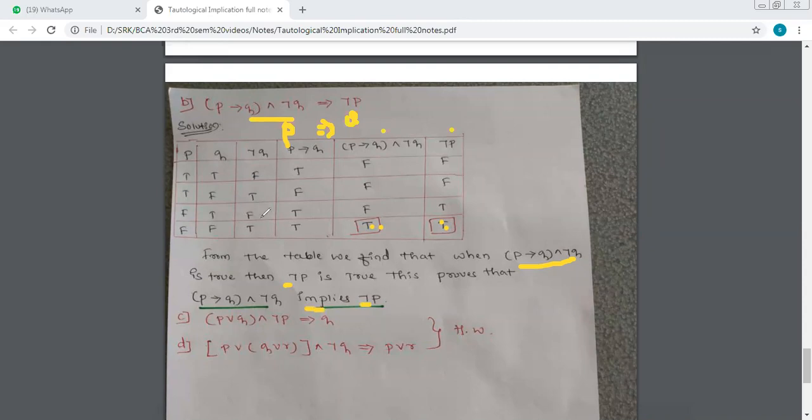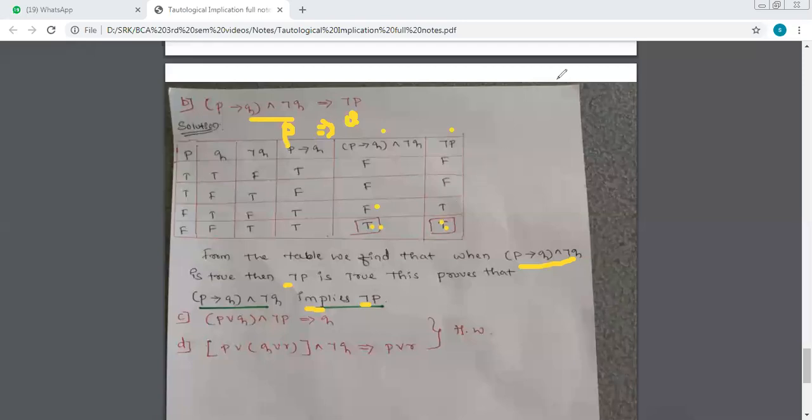Any row with true true is enough; there are two such rows, but we only highlight one row, and that is sufficient. At least one row has to be true true, then only you can say that P implies Q.